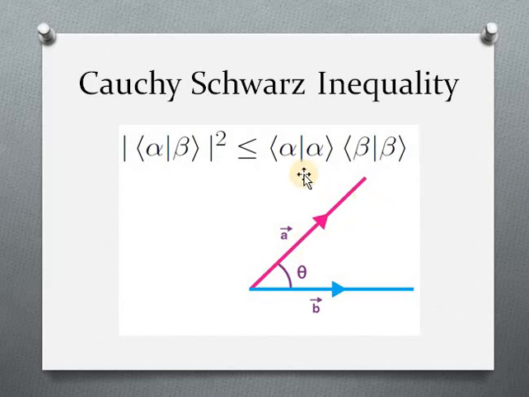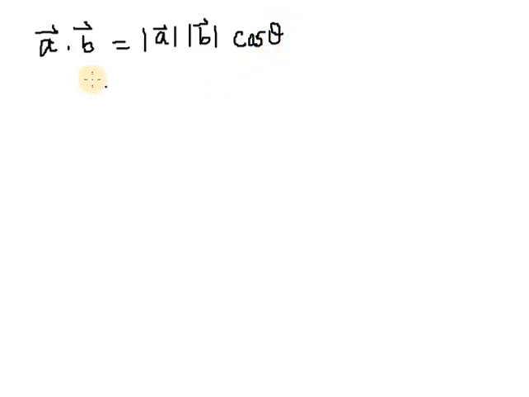So basically, suppose I have two vectors, A and B, and I am taking the dot product of these two. What I get is the magnitude of A, the magnitude of B, and cos theta. If you remember what we have written in the Cauchy Schwarz inequality, it talks about the square of this quantity.